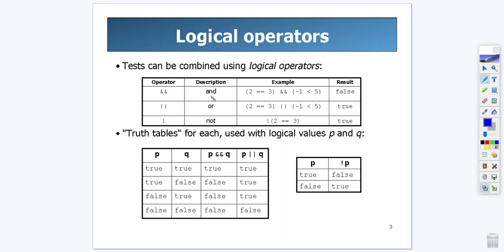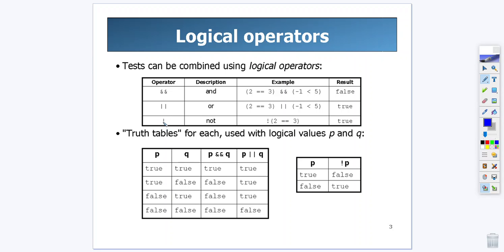It evaluates to true when both conditions are true. This one that looks like the parallel lines means OR. Now if I have a compound statement using OR, that will evaluate to true when anything is true. So one of them, the other, or both can be true, and it will evaluate to true.